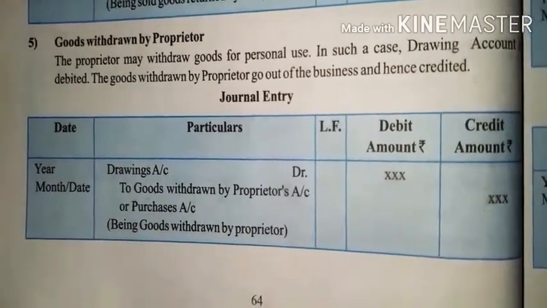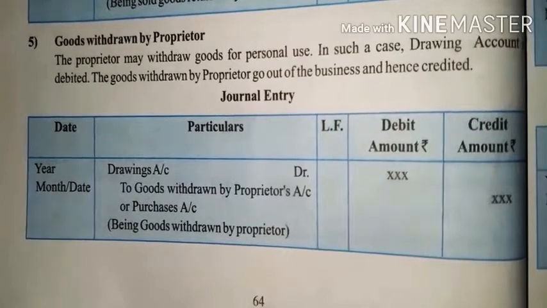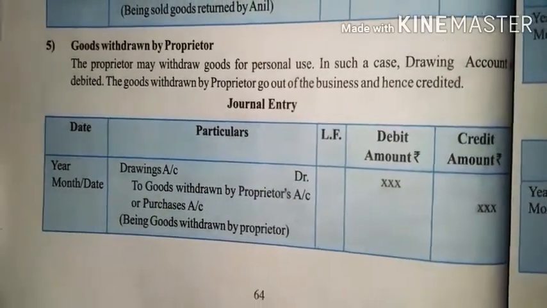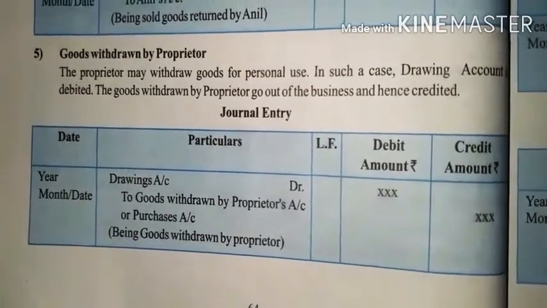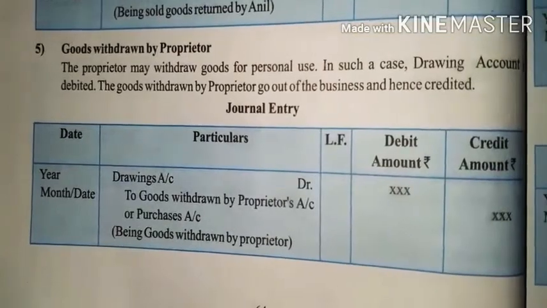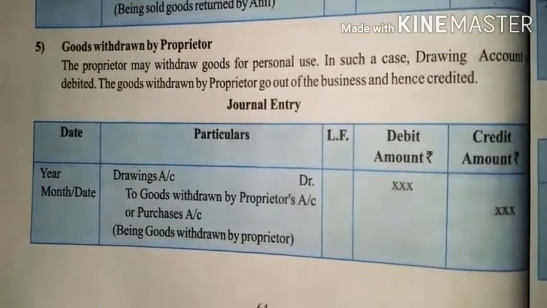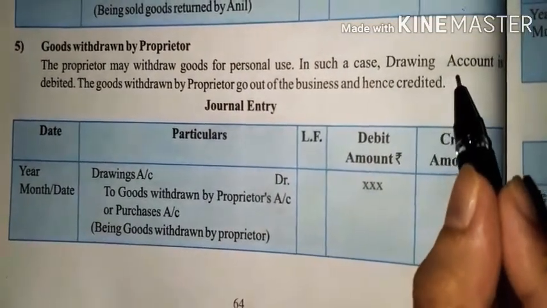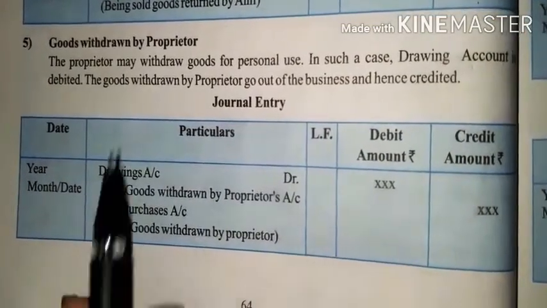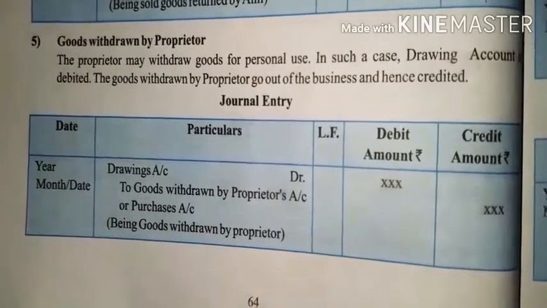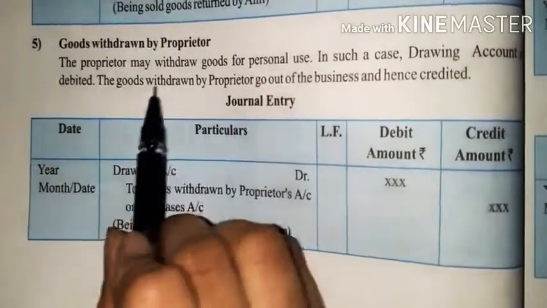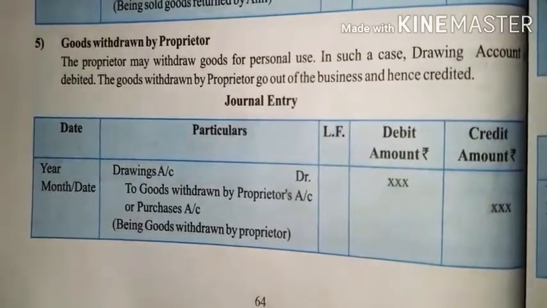If there is a business, the proprietor withdraws some goods from that business for his personal use, not for the company's use. That personal use, for which he is withdrawing goods from the business, is referred to as the drawing account. And what is going out of the business? Goods are going out of the business because the proprietor is withdrawing them from the company. So this account is going to get the credit effect.